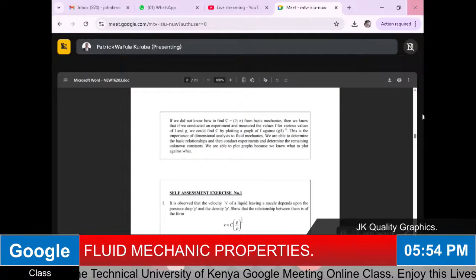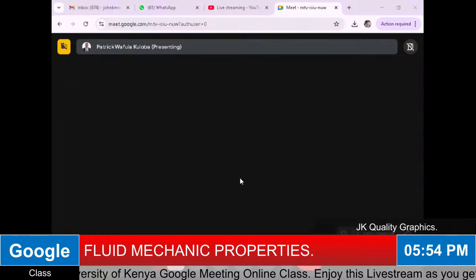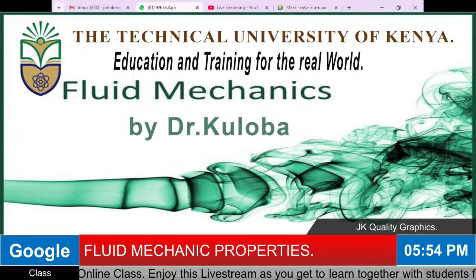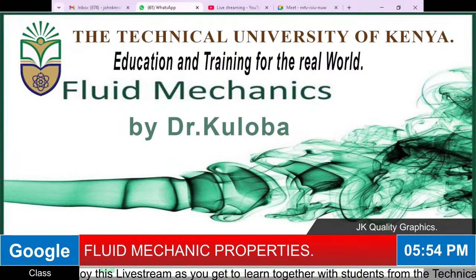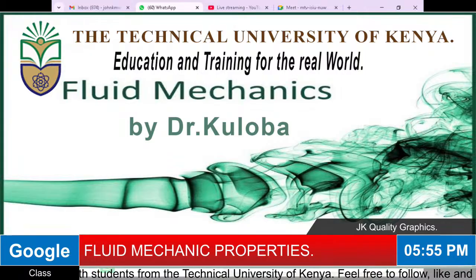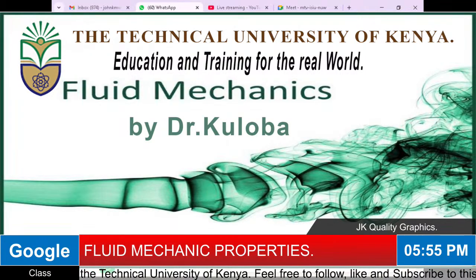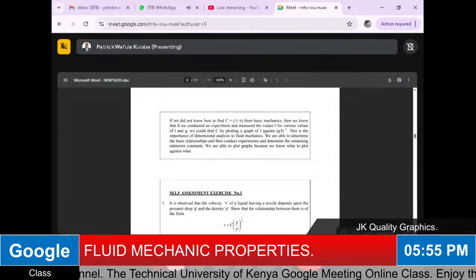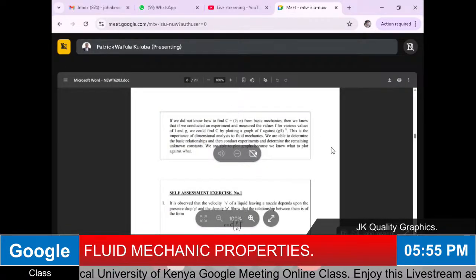So put the like terms together. Let's start with the M. The M on the left hand side is M raised to 0, C equal to M raised to A and M raised to B. So this simply becomes M raised to A plus B. So equate the indices of the left hand side and the right hand side.